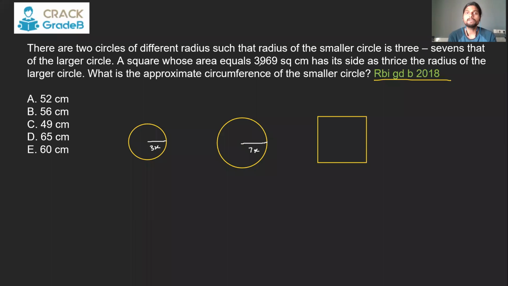Square whose area equals 3969 square centimeter has its side as thrice the radius of the larger circle. So that means the side is going to be 21x. And its area is going to be 3969. So 21x into 21x should be equal to 3969.